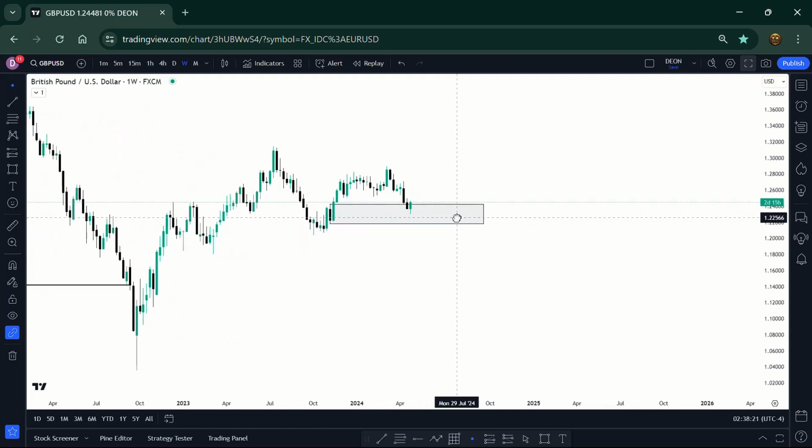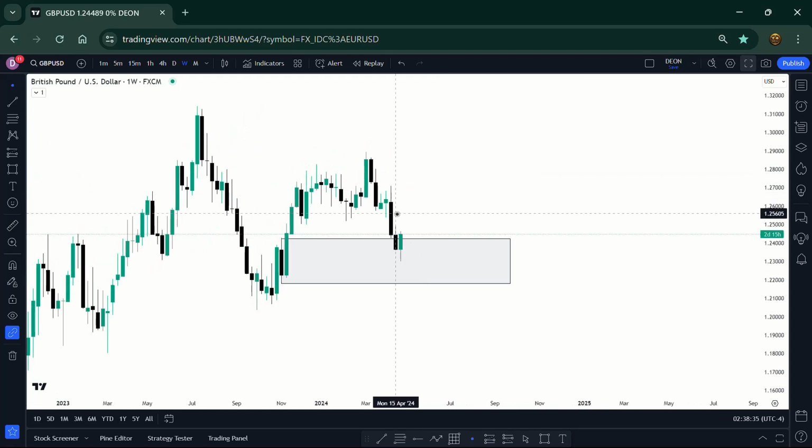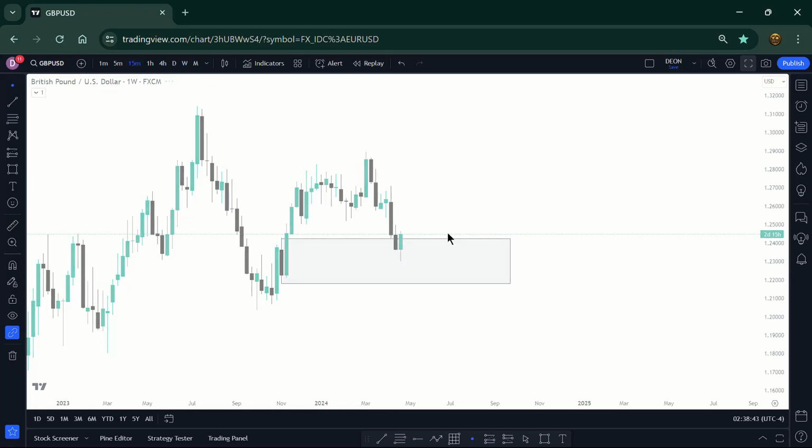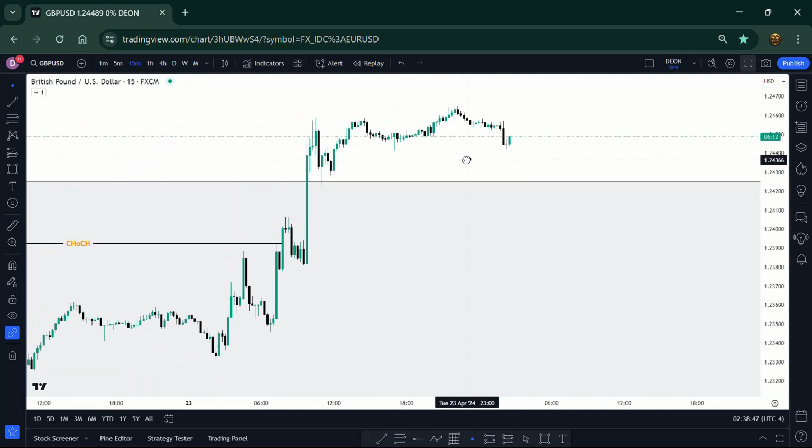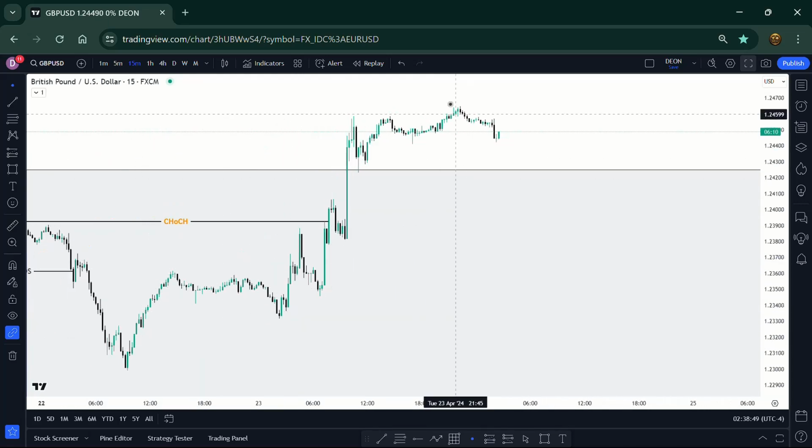This is why I say if the market moves just a little in a certain order block or fair value gap, this movement right here looks very small on the weekly chart, but on the 15-minute chart, if the 15-minute chart is your analysis time frame, this is that movement here.